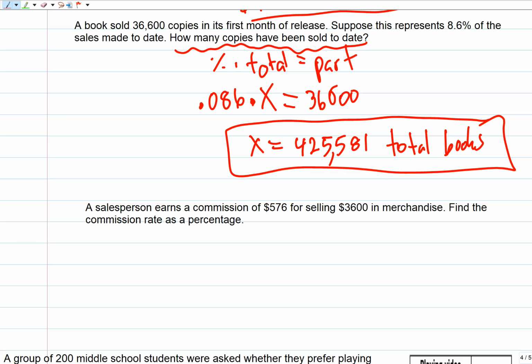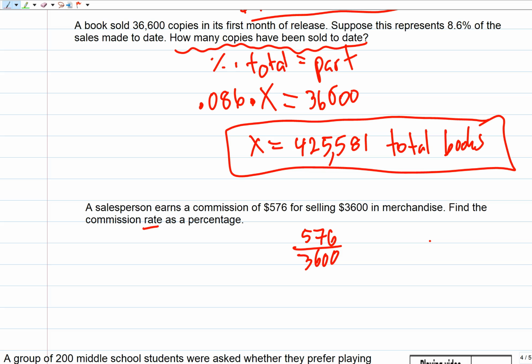A salesperson earns a commission, $576 for selling $3,600 in merchandise. Find the commission rate. Okay, so this time they want us to find the rate or the percentage. I encouraged you before to know that the percentage is part over whole. I can just take 576, divide it by 3,600, turn that into a decimal and then a percent.